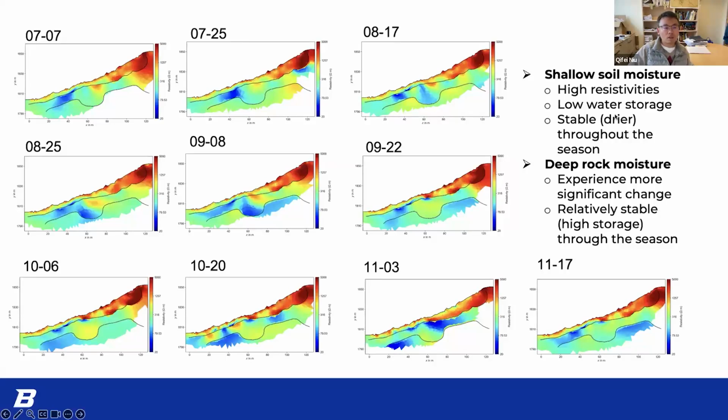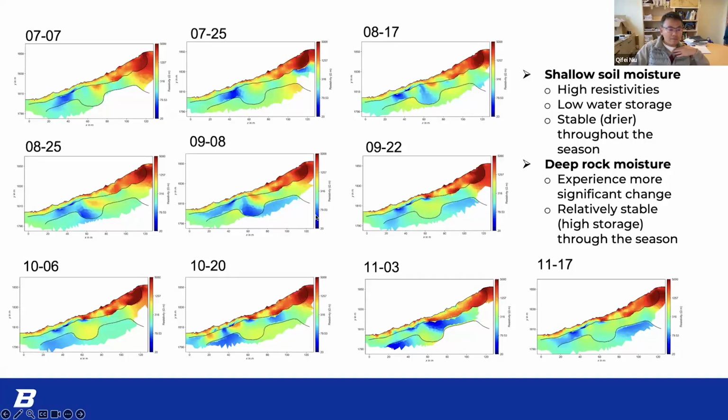That means the water content is relatively low and very stable. Also for the deep rock moisture, in this region we believe that's rock moisture. The bottom half of the rock layer stays very stable and very wet from summer until September.